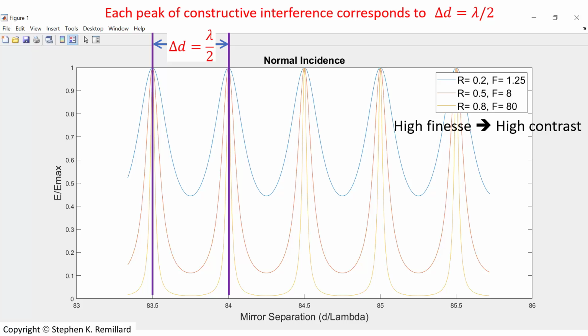So if you change the separation between mirrors, every time they change by half a wavelength, you go through another peak in the light that is transmitted out the back. If you have a high finesse, then in between these two peaks, you have virtually no light getting out. That's contrast, when you can distinguish between being on a resonance and between two resonances. So high finesse corresponds to high contrast.